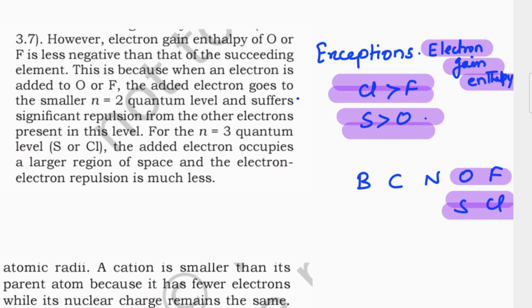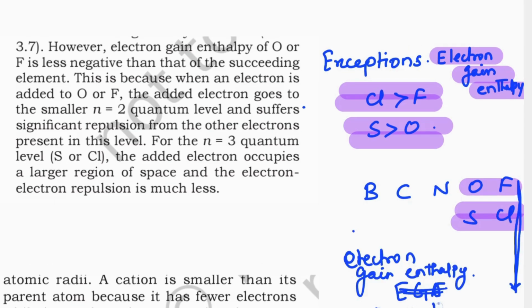Usual trend: down the group it decreases, but after fluorine, chlorine is placed. So chlorine should have less electron gain enthalpy, but still chlorine has more, and sulfur is also having more electron gain enthalpy.